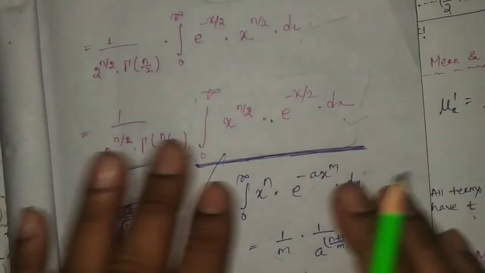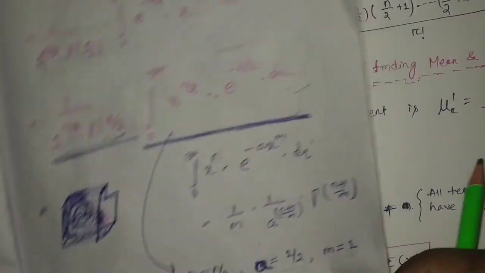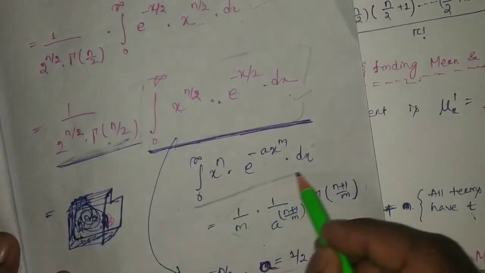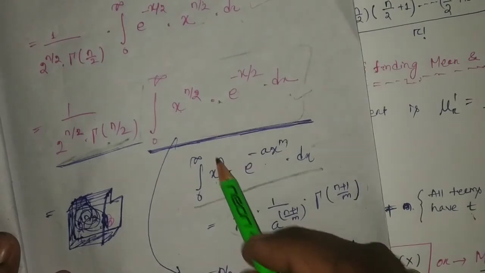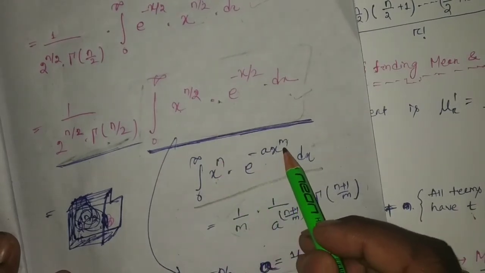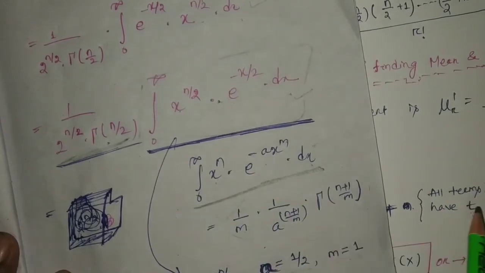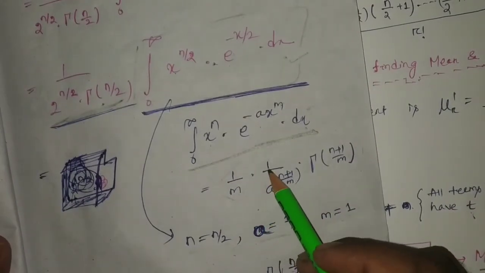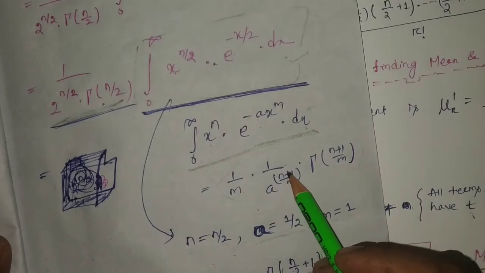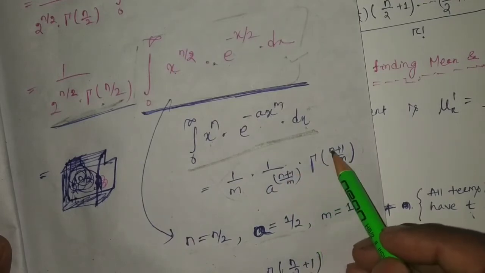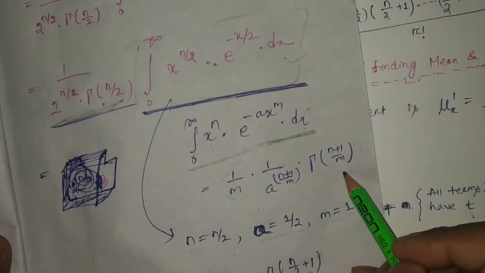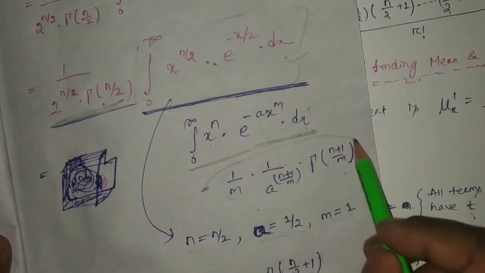Remember, in our previous classes I told you that if we have an integral of x to the power n e to the power minus a x to the power m dx, then the integral value will be 1 by m into 1 by a to the power n plus 1 by m into gamma of n plus 1 by m.